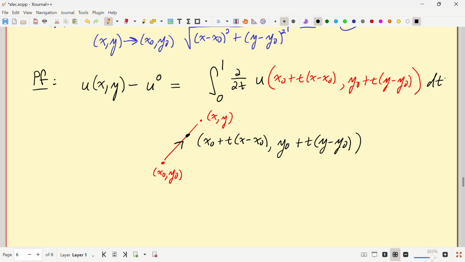So that's just the fundamental theorem of calculus. When t is 0, that's u naught. And when t is equal to 1, it's the other end, (x, y). Okay, so that's a very elementary calculus fact.